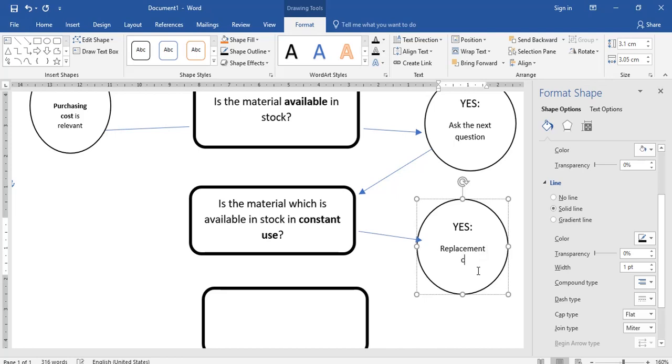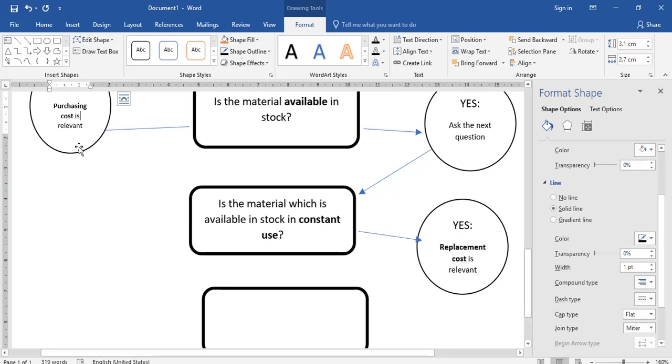Replacement cost is relevant. Because it is in constant use, if you take it, somebody else will be using it in another department, and so you have to replace it. So replacement cost is relevant.